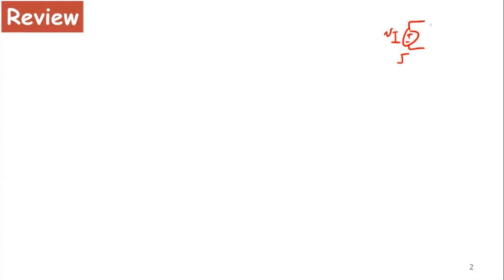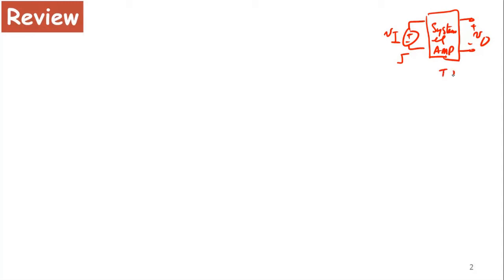We input signals like this to some systems, and the system could be, for example, an amplifier. Then we obtained some output, in this case v_O. The amplifier would amplify the input signal and we would get the output.